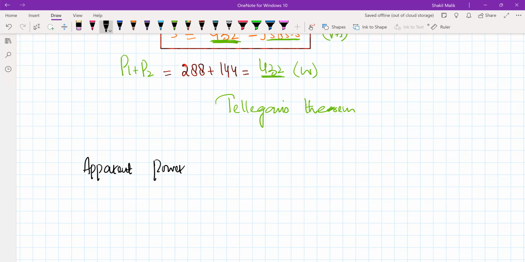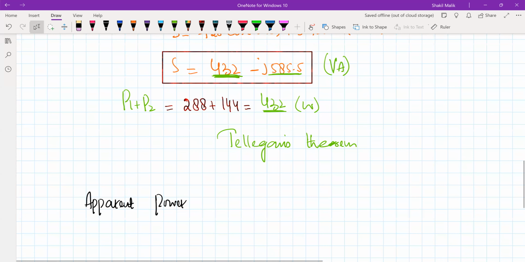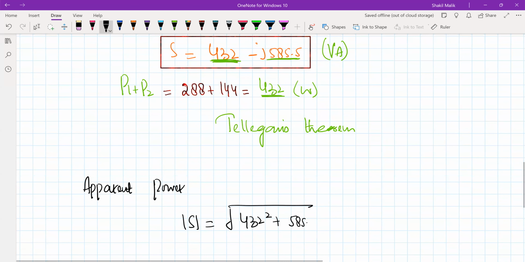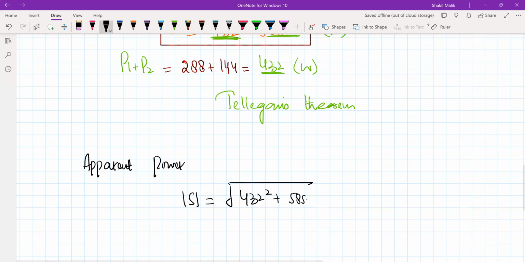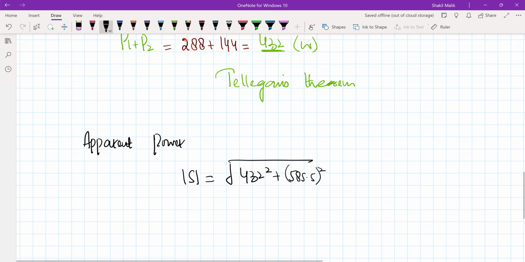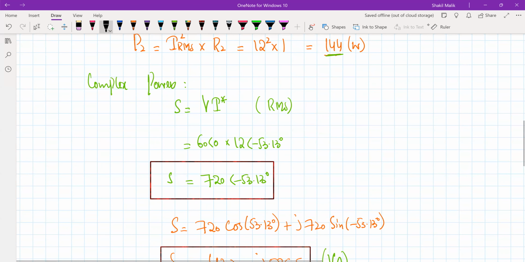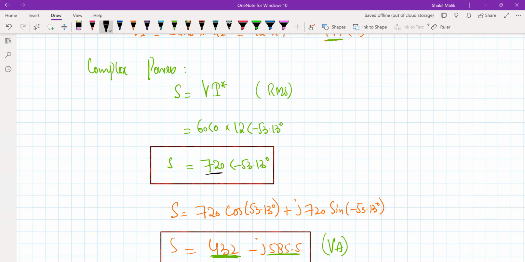Apparent power means simply the magnitude of S. So the magnitude of S is simply the square root of 432 squared plus 585 squared. Please check the calculations, and this will be simply 720 VA. If you already know the magnitude of S, you don't need to calculate, right? It will always be the same.